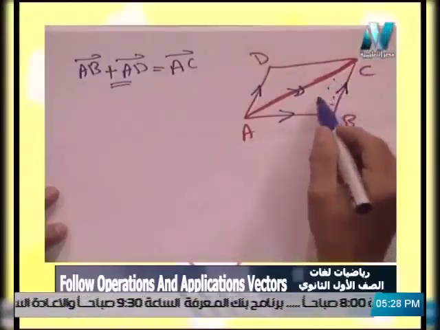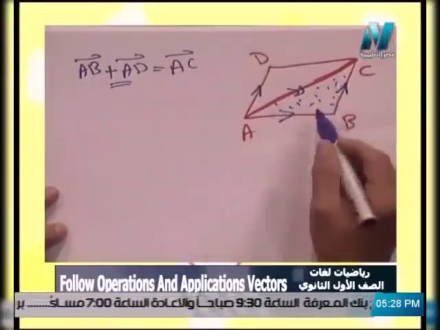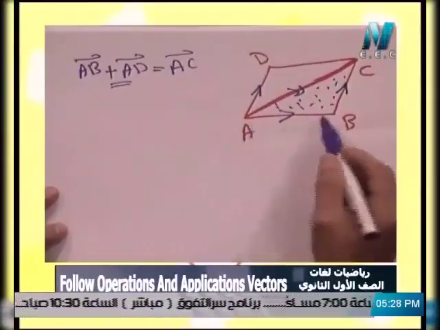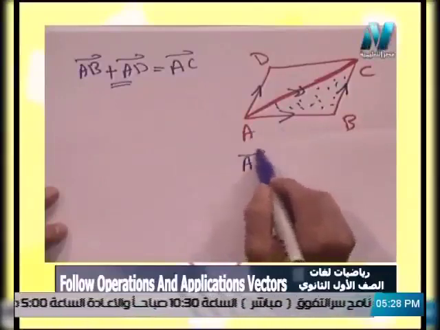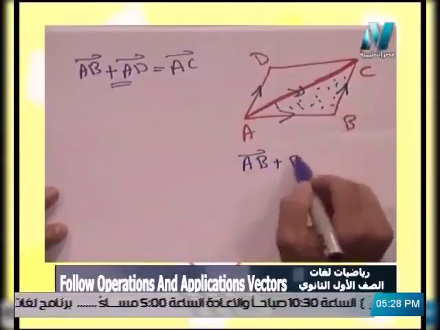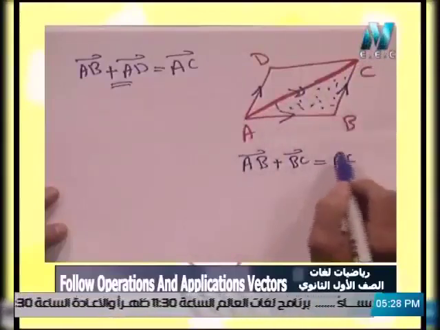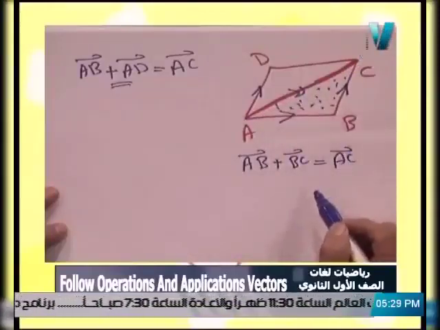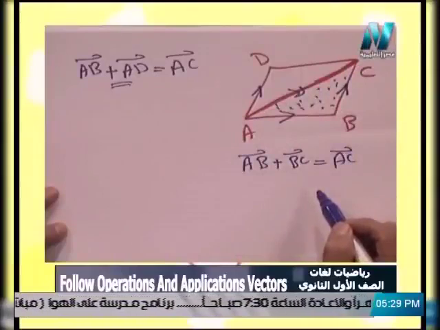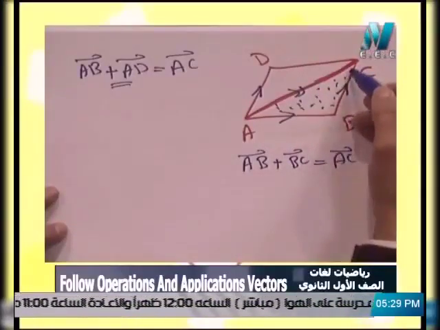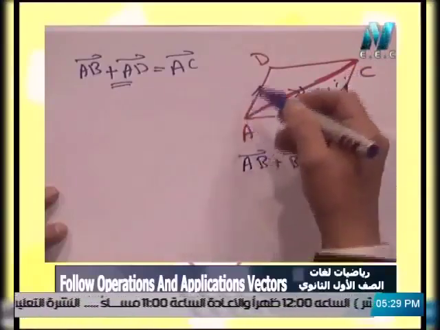If we concentrate on triangle ABC, we easily find that the vector AB plus the vector BC equals the vector AC, from the triangle vector rule. And we know that BC is equal in magnitude and direction to the vector AD.